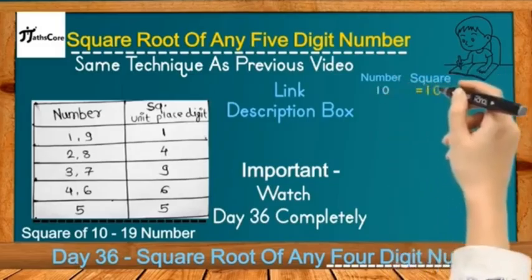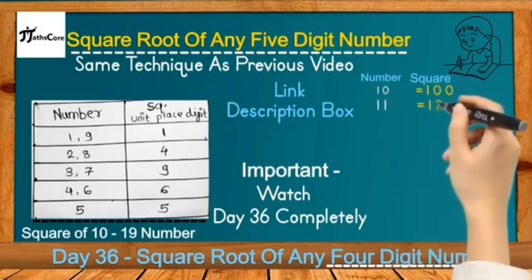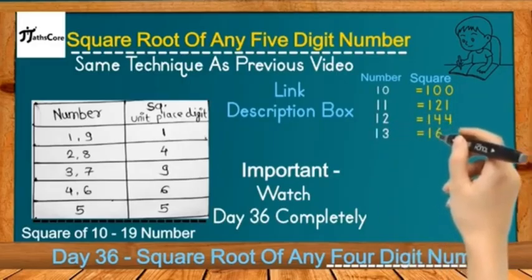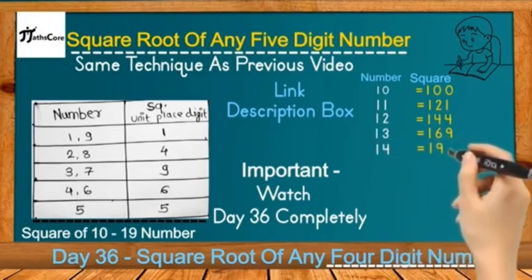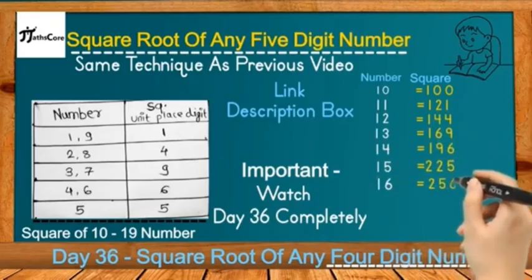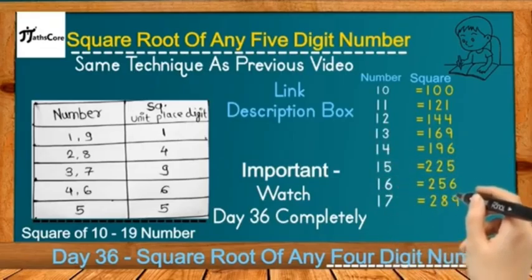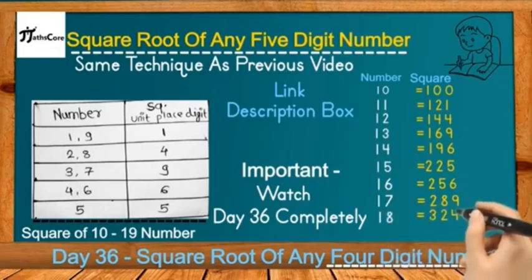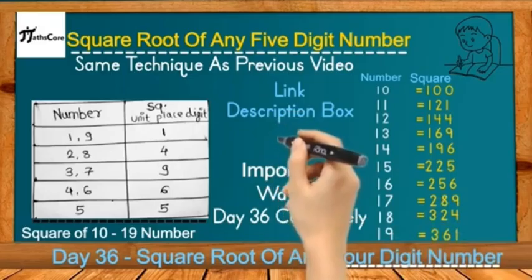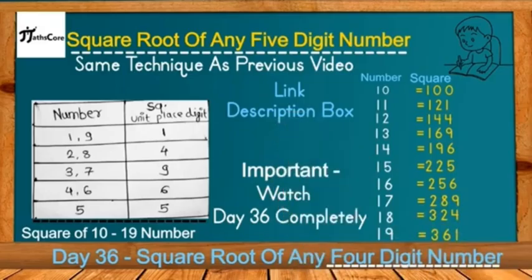So 10 square is 100, 11 square is 121, 12 square is 144, 13 square is 169, 14 square is 196, 15 square is 225, 16 square is 256, 17 square is 289, 18 square is 324 and 19 square is 361. Okay, and we have to use same table as we made in previous video.